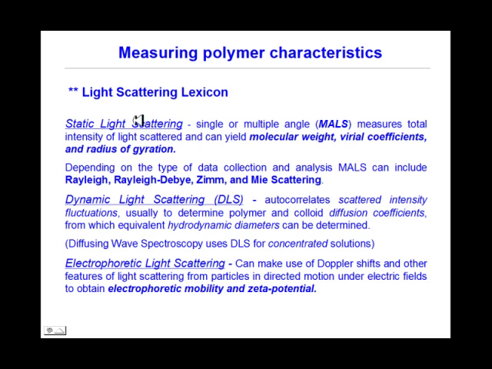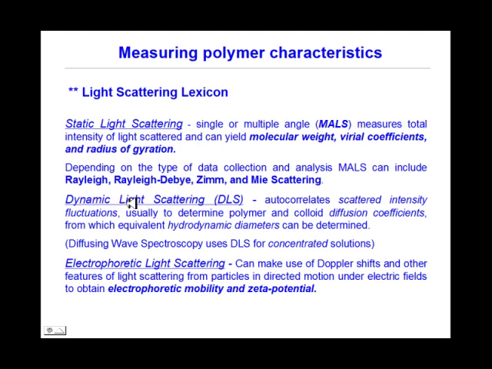Light scattering. We use static light scattering, which measures total intensity of the light scattered and can yield molecular weight, virial coefficients, and radius of gyration.